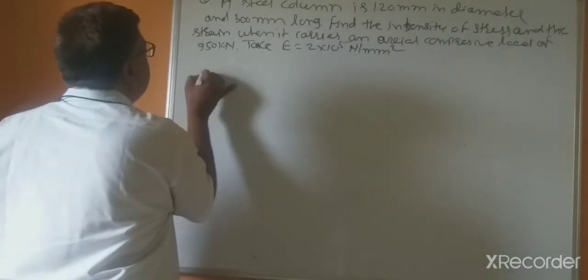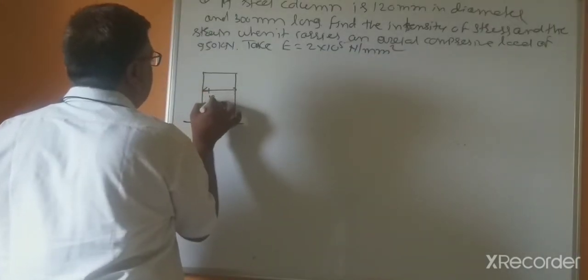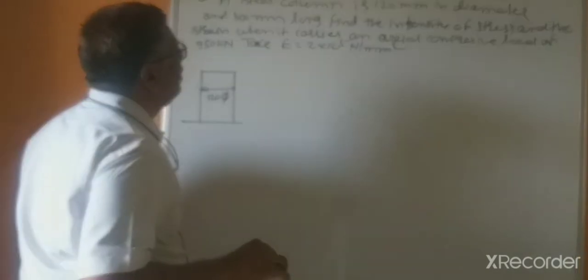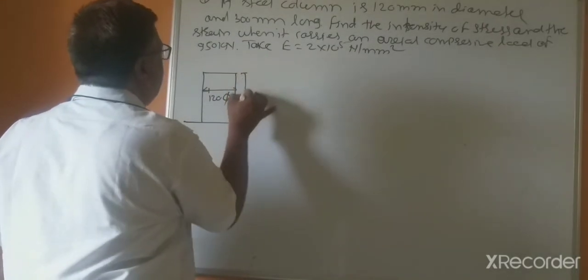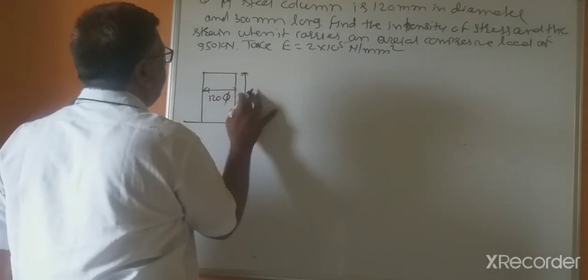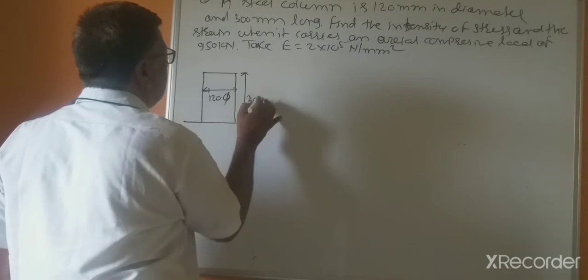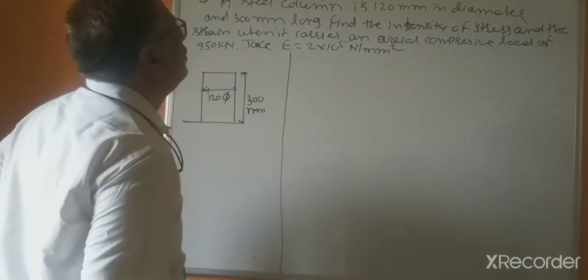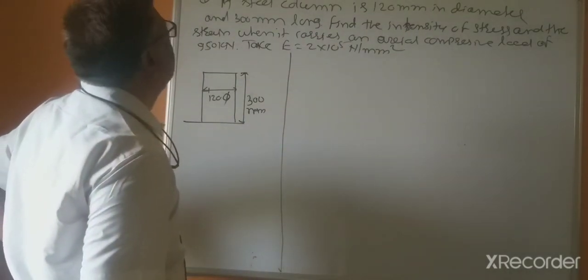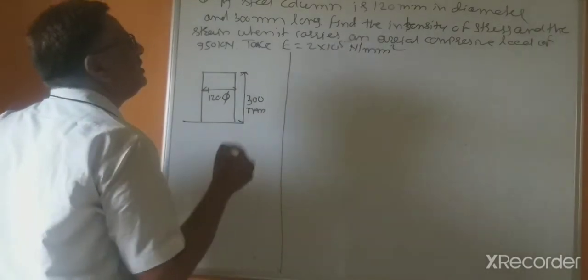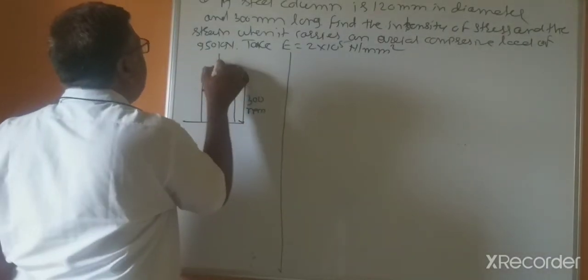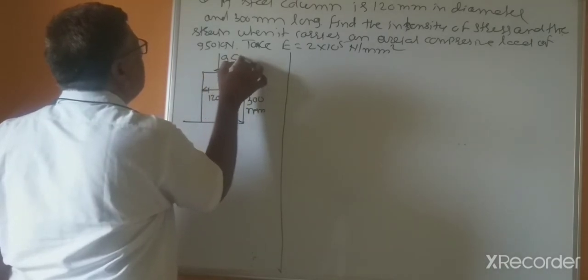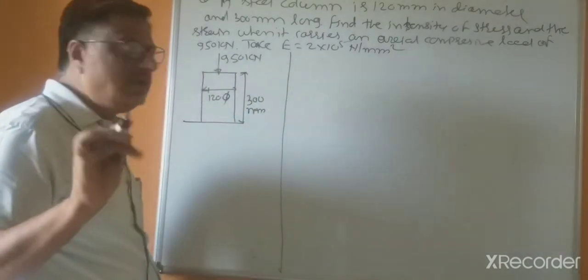Here a steel column is 120 mm in diameter, and 300 mm in length, and it carries an axial compressive load of 950 kilonewtons.